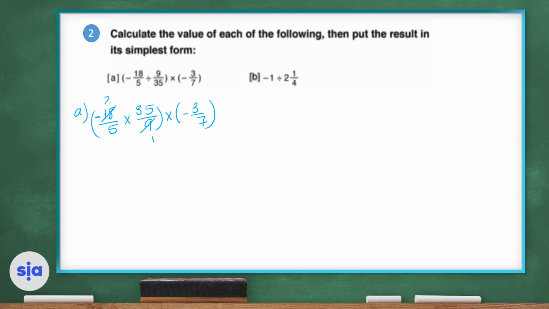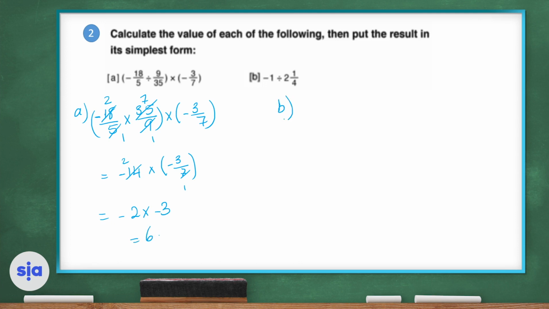Divided by 9, it's 2. Divided by 5, it's 7. Divided by 5, it's 1. So this one is negative 14 multiplied by negative 3 over 7. Divided by 7, it's 2. Divided by 7, it's 1. So the answer here is negative 2 times negative 3, which is positive 6.